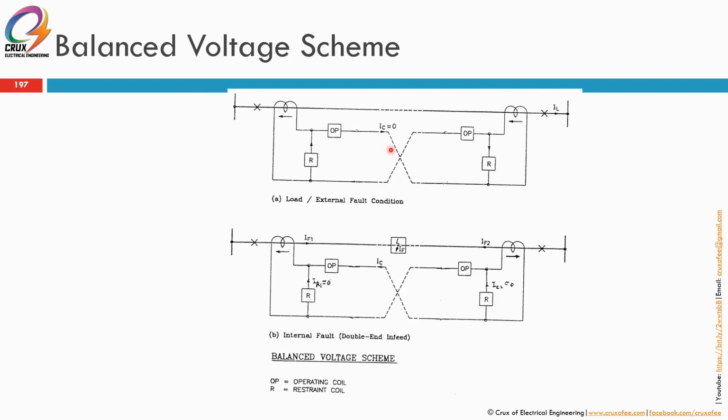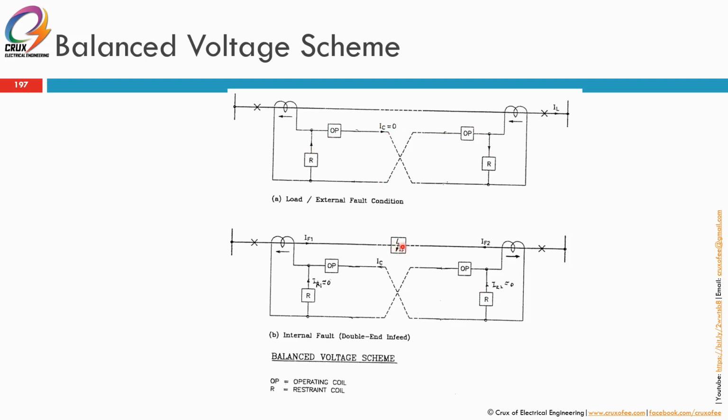It's similar, but it is based on voltage. So under normal condition, when there's a fault on the outside of the zone, there will be a current circulating here as well as a current circulating here, and the build up voltage across here and the voltage across here is the same. Since both voltages on each side are the same, there can be no current flowing through this circuit.